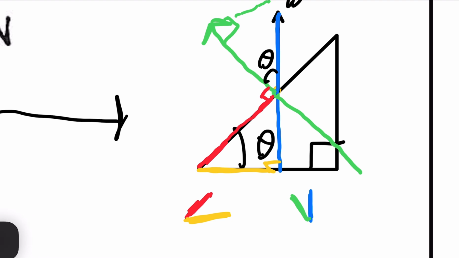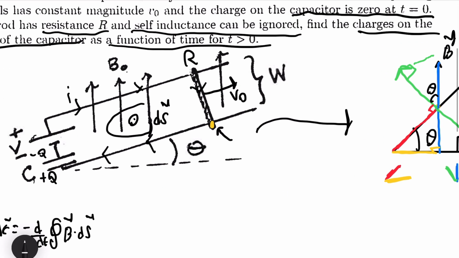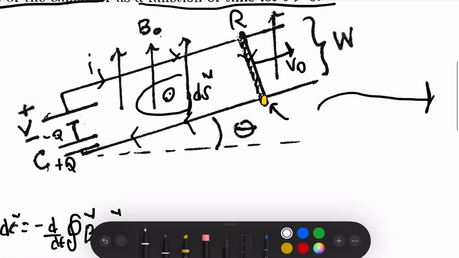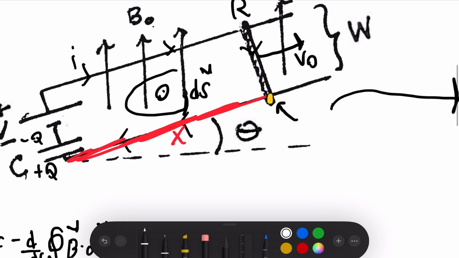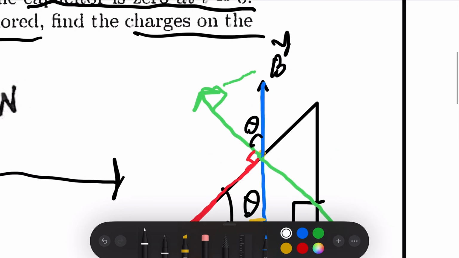Right? And then my area, I'm pulling my rod to the right, like the rod's getting pulled to the right. So that's going to be increasing this length right here. And I'm going to just call this a length x. And then I want the x component, so I'm going to need the cosine. This is ds, by the way, the green vector.